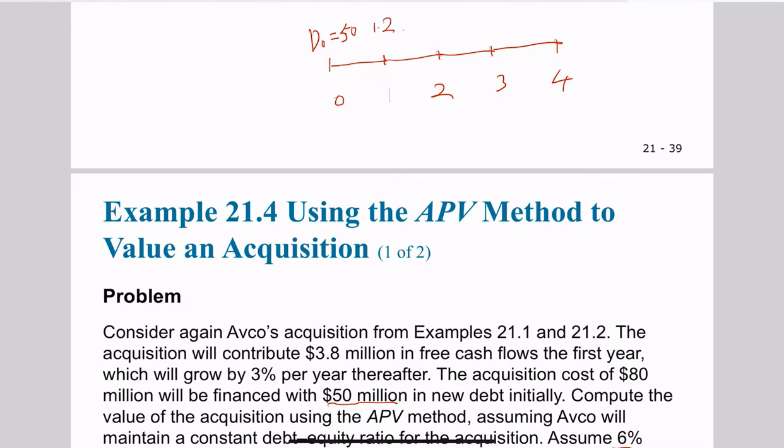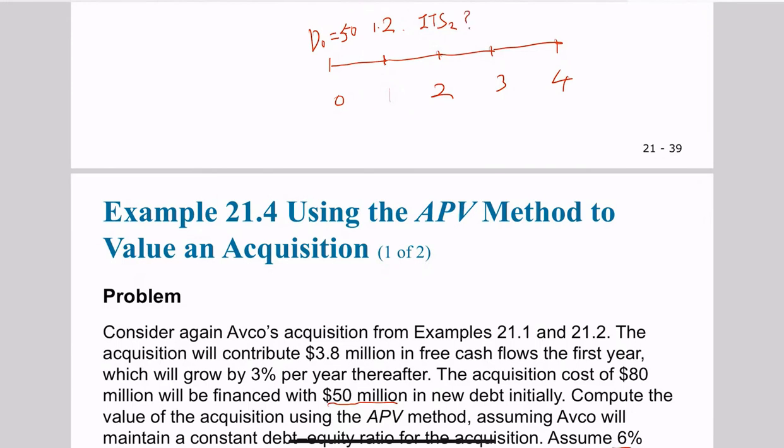Now, think about this. If the first year's interest tax shield is $1.2 million, what is the second year's interest tax shield?